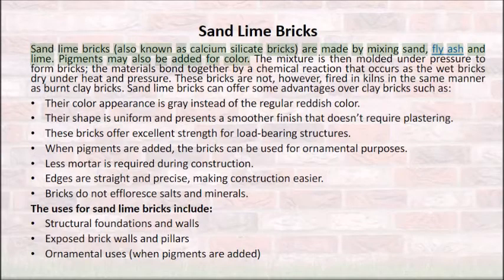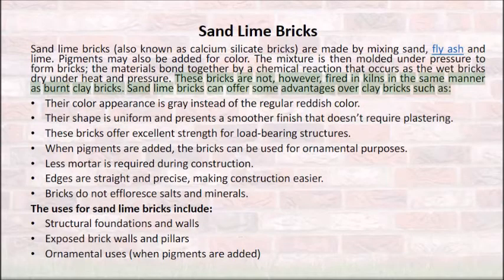Sand lime bricks, also known as calcium silicate bricks, are made by mixing sand, fly ash, and lime. Pigments may also be added for color. The mixture is then molded under pressure to form bricks. The materials bond together by a chemical reaction that occurs as the wet bricks dry under heat and pressure.